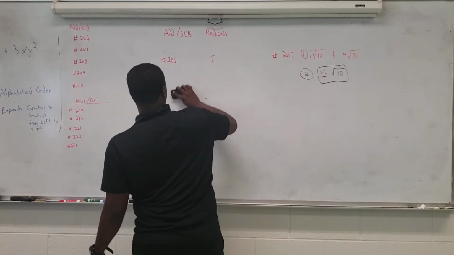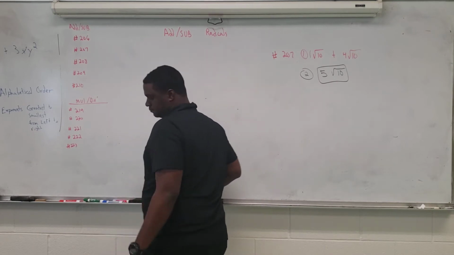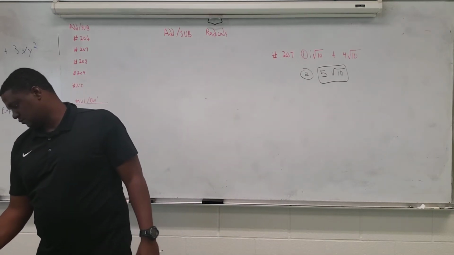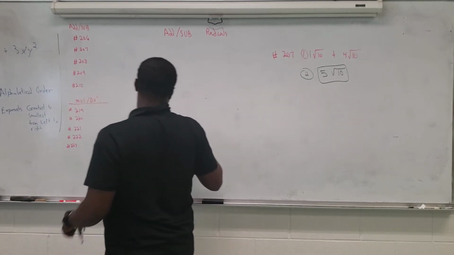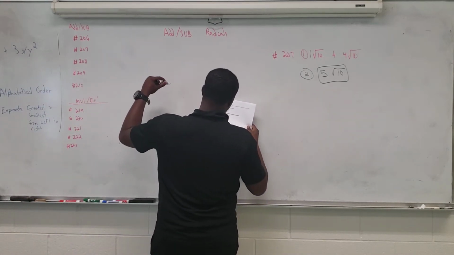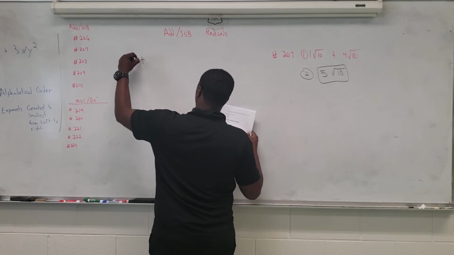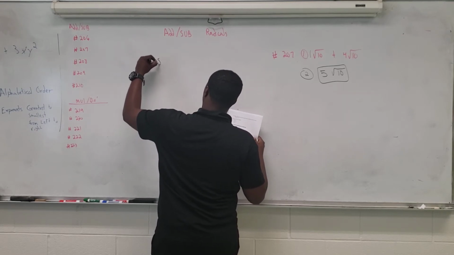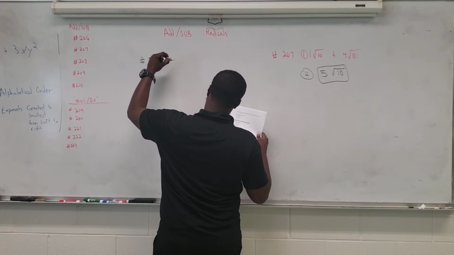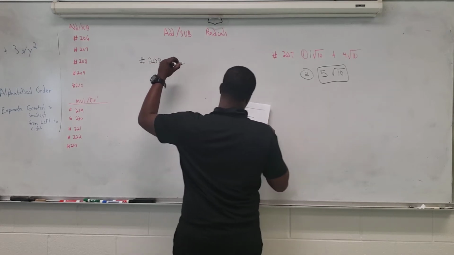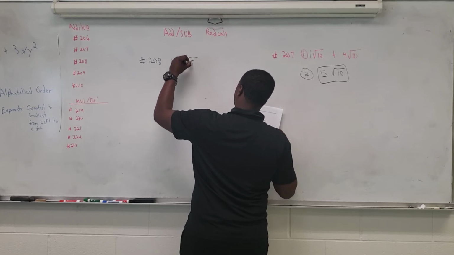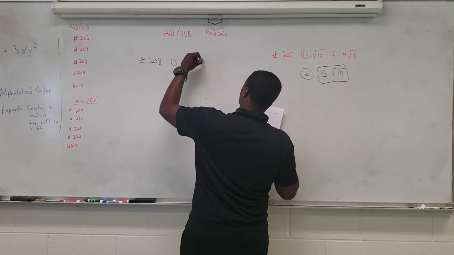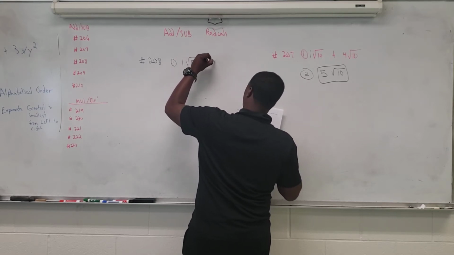All right. So let's take a look at 208. That's 1 times square root of 5 minus 3 square root of 5.